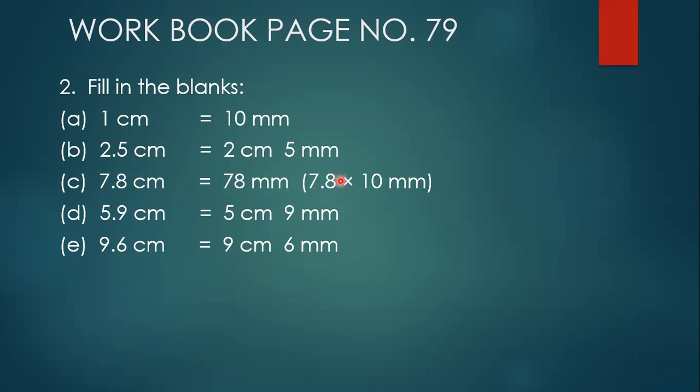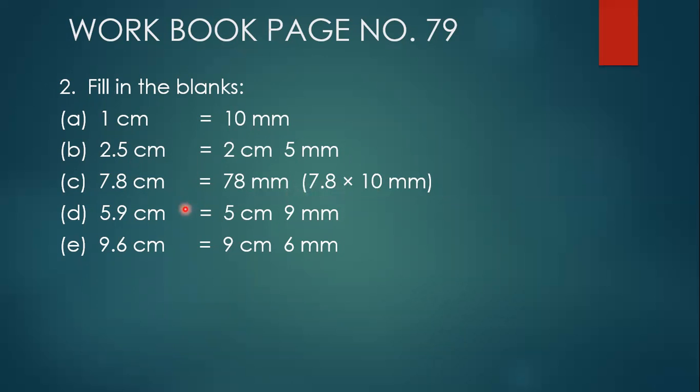See the position of the pointer. So 7.8 will become 78. So 7.8 centimeter is equal to 78 millimeter. Remember, when we multiply a decimal number by 10, the decimal place will move 1 digit to the right side.